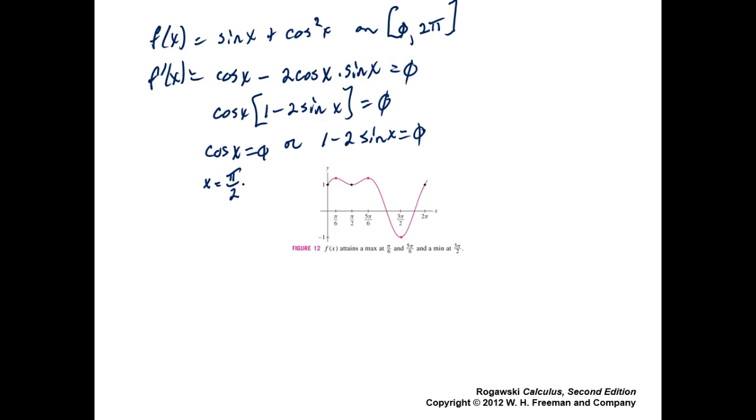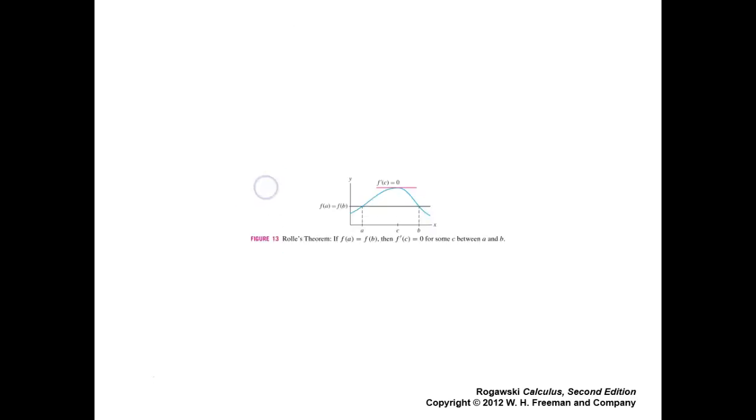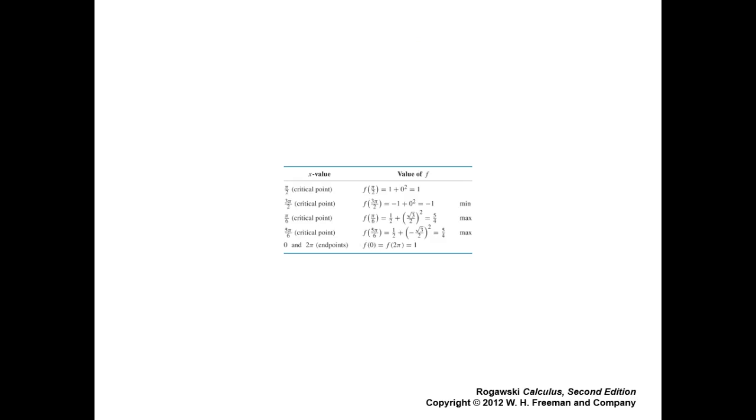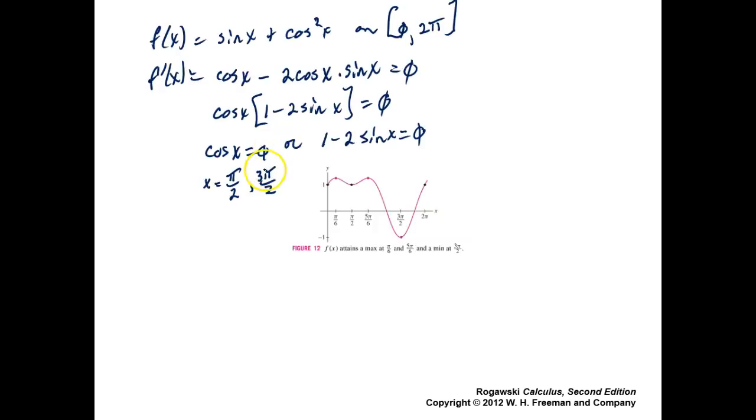Any other places where it is between 0 and 2 pi? Let's see. 3 pi halves. 3 halves pi, exactly. So 3 halves pi is another one. Okay, two places where your cosine could be 0. Okay, how about over here? What would you do there?